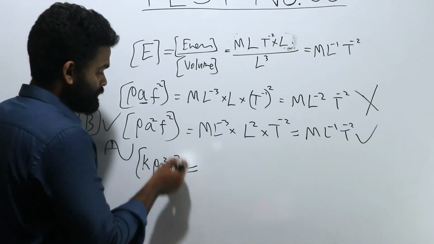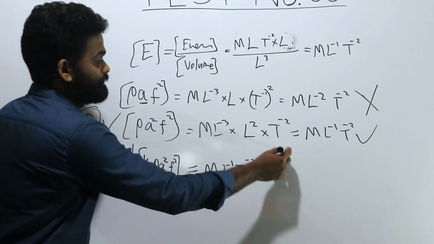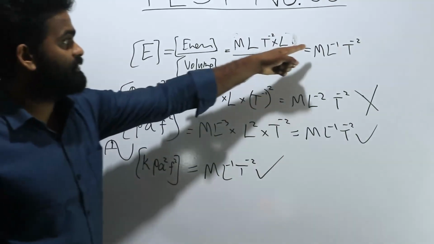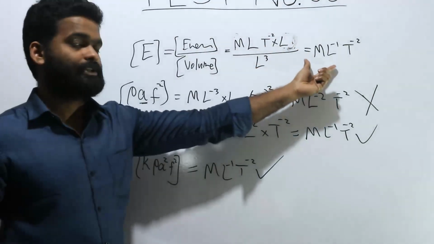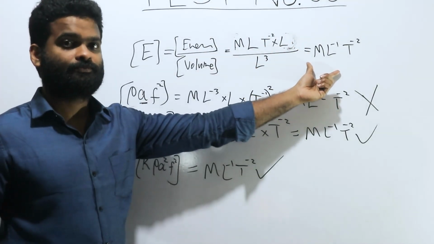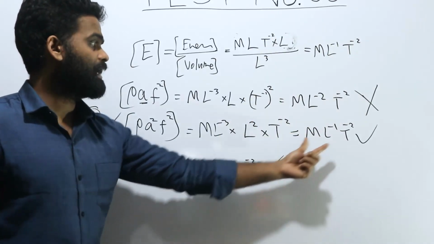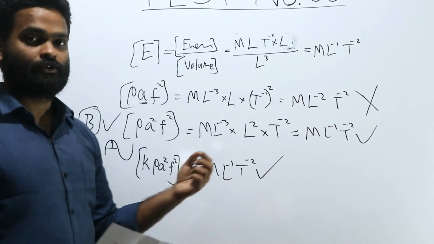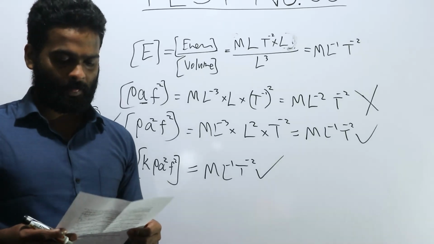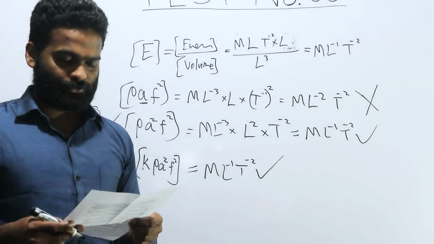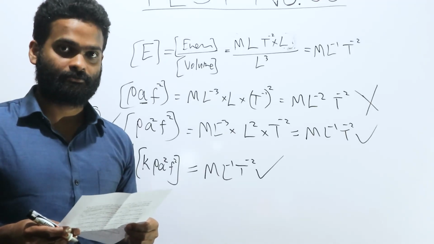So the dimensions of this one also should be M L minus 1 T minus 2. So that also has the same dimensions as here. So B and C should be the correct options. So the correct answer should be the fifth one for the second question.